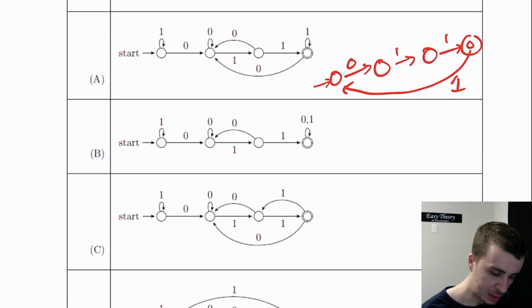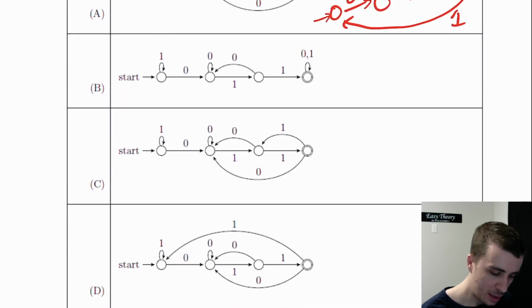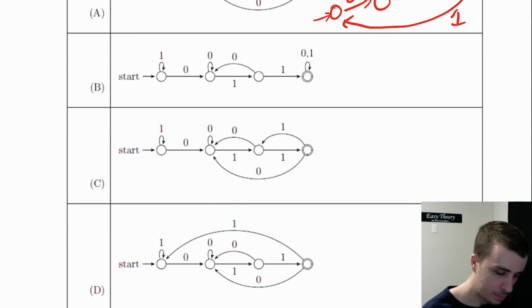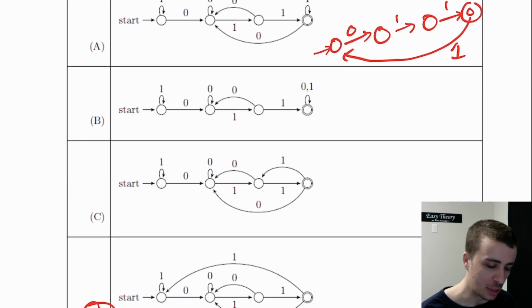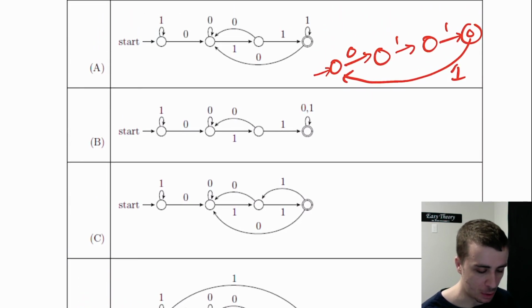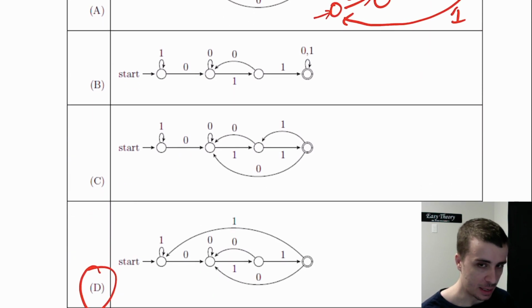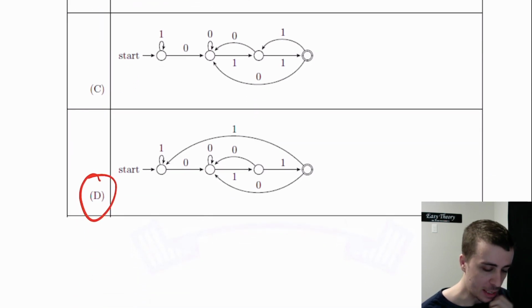So I think the answer should be D here, because that's the only one where the 1 transition actually goes back to the start state. And you need 4 states, so each one of these is minimal. So it's not like there could be some other way of doing the DFA here. Yeah, I'm going to go with D here.